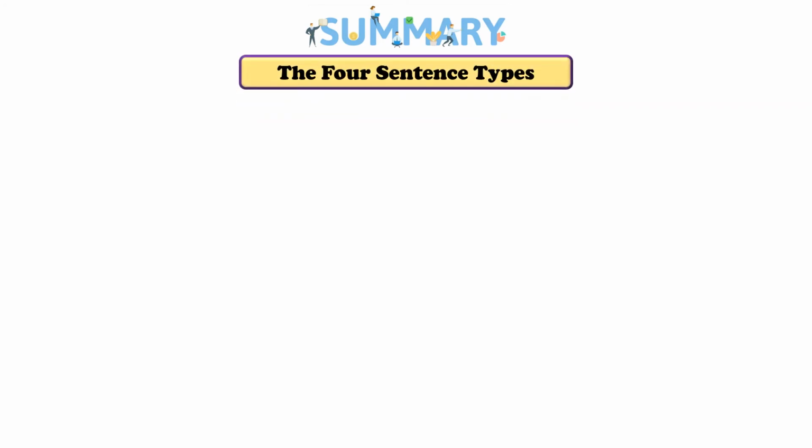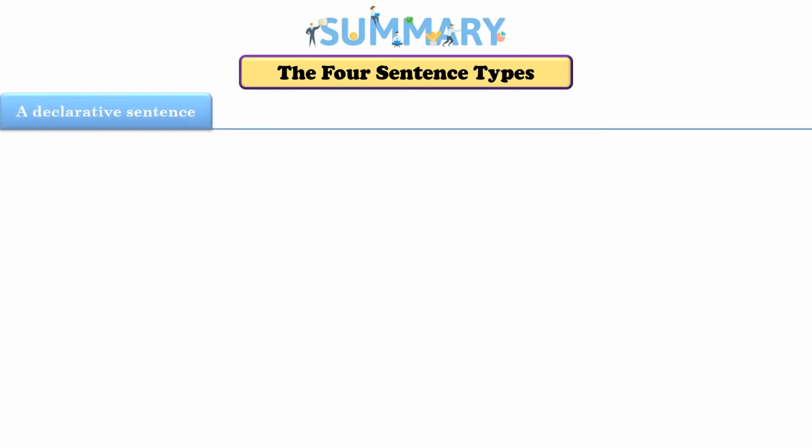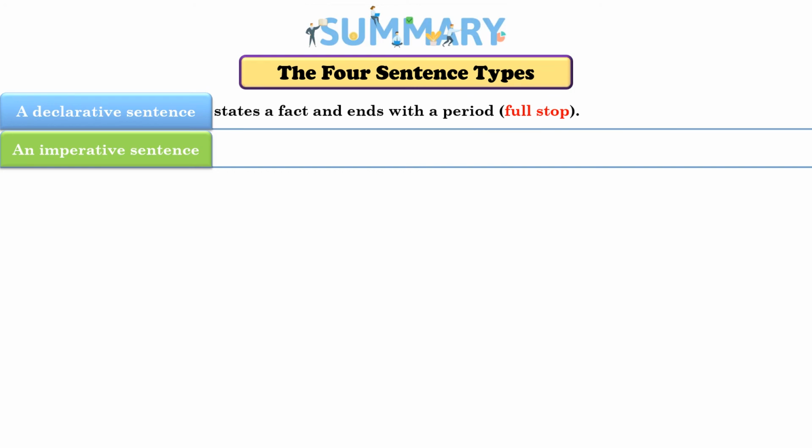Now, let's summarize what we've seen in this lesson. We've talked about the four sentence types, which are a declarative sentence, which states a fact and ends with a period or full stop. An imperative sentence is a command or a polite request.